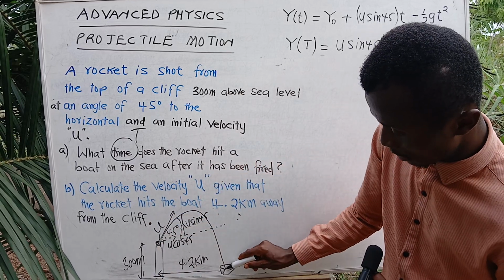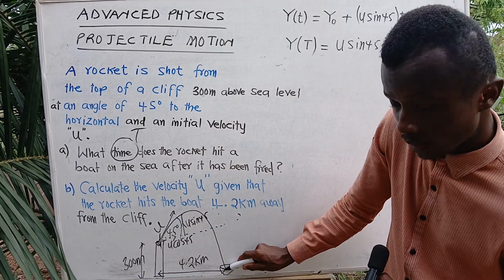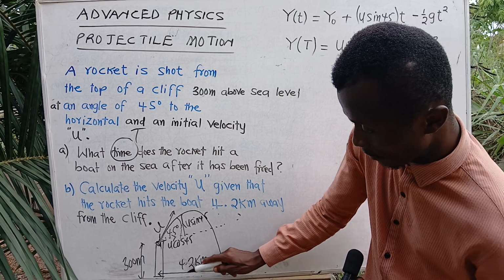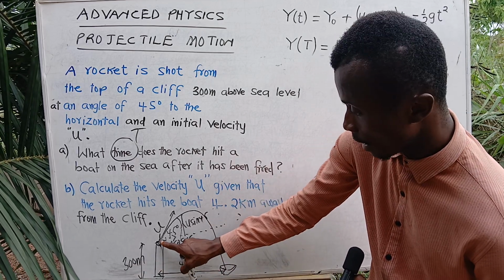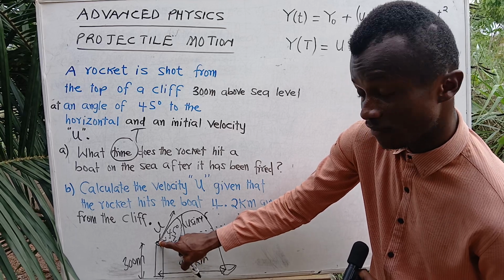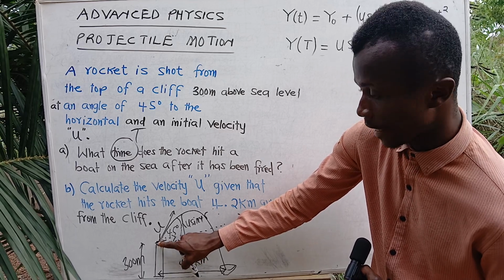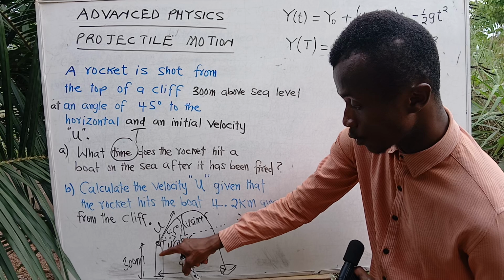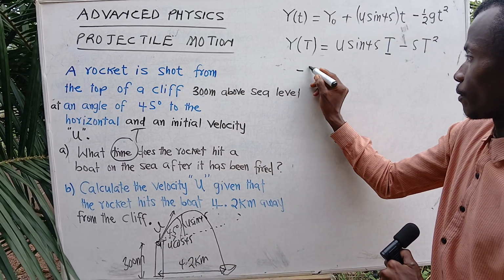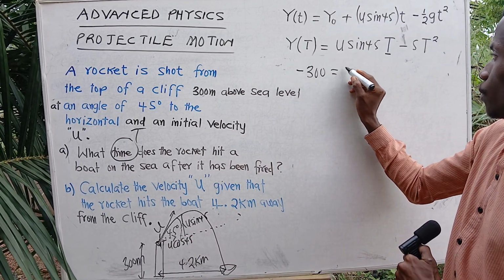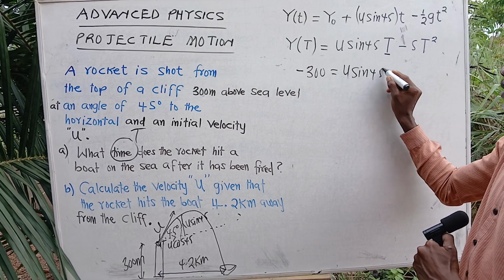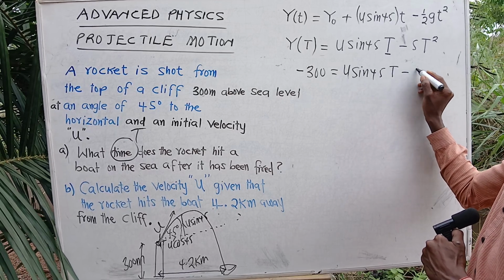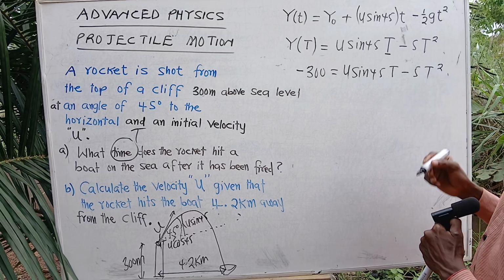When the rocket hits the boat on the sea level, then the vertical distance will be negative 300. We make it negative 300 because of where we picked our Cartesian plane. If the 0 is fixed here and our increasing y direction is like so, then downwards will be negative. So negative 300 is equal to u, which is an unknown, sine of 45 times the time of flight minus 5 T squared.